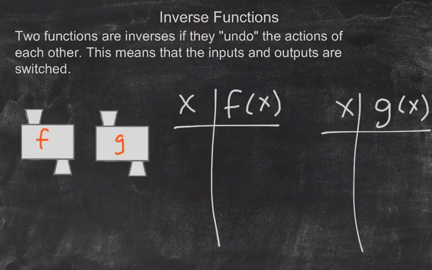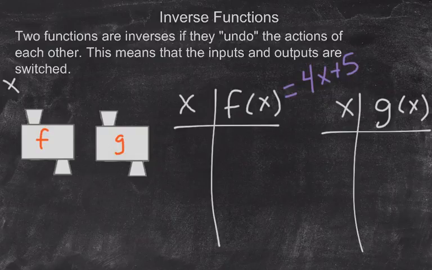So inverse functions are two functions that undo the actions of each other. This means that the inputs and outputs are switched, which is what we just saw in the inverse operations. So let's use the example f of x equals 4x plus 5.